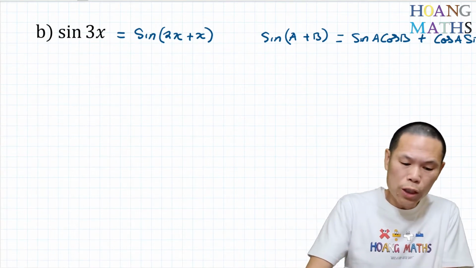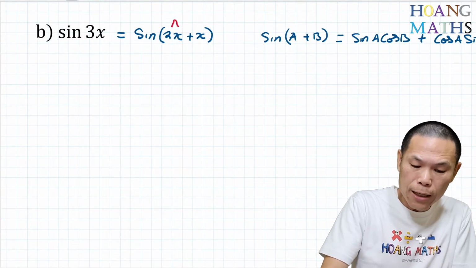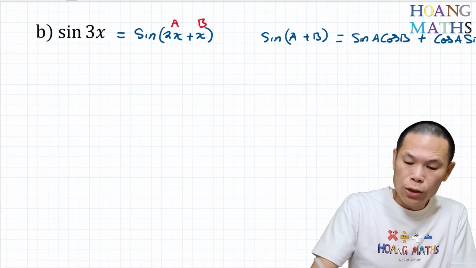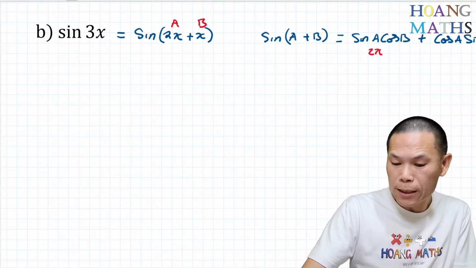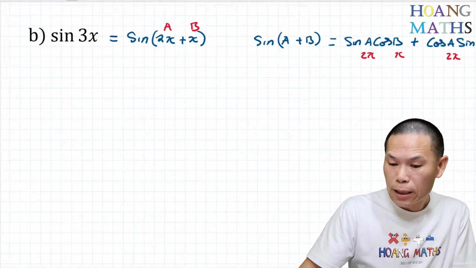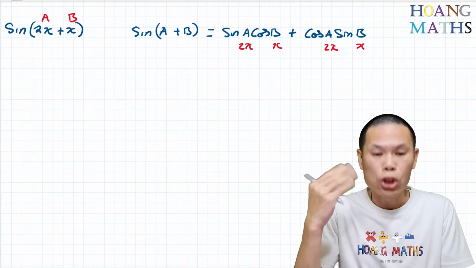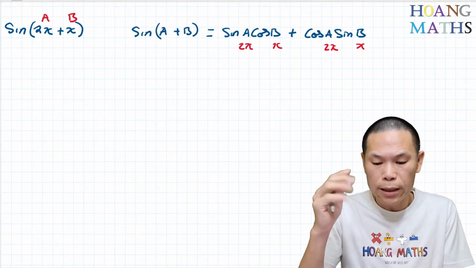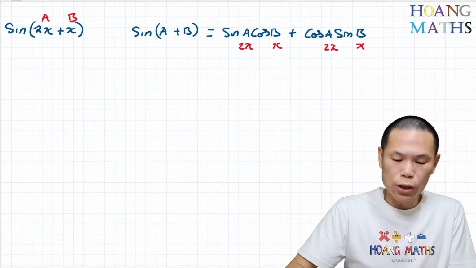So now what we need to do is we know that 2x is a, x is b. So now we're just replacing a with 2x and b with x. So that's what that meant, okay? So that becomes sine of 2x cos of x plus cos of 2x sine of x, just using the rule.